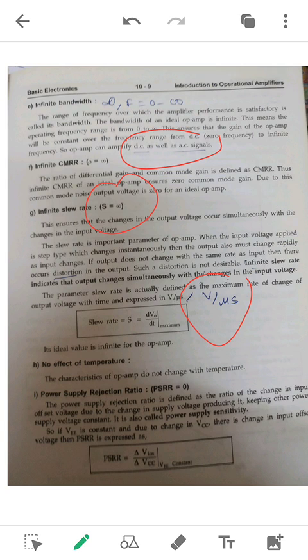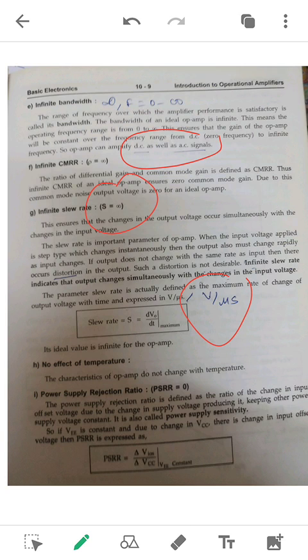Slew rate is nothing but how much the output voltage V0 changes with respect to the input. So that is slew rate, S equal to dV0 divided by dt, the change with respect to time. So the maximum change in output because of the change in the input. This must be infinite, meaning we have to follow the output with the input.